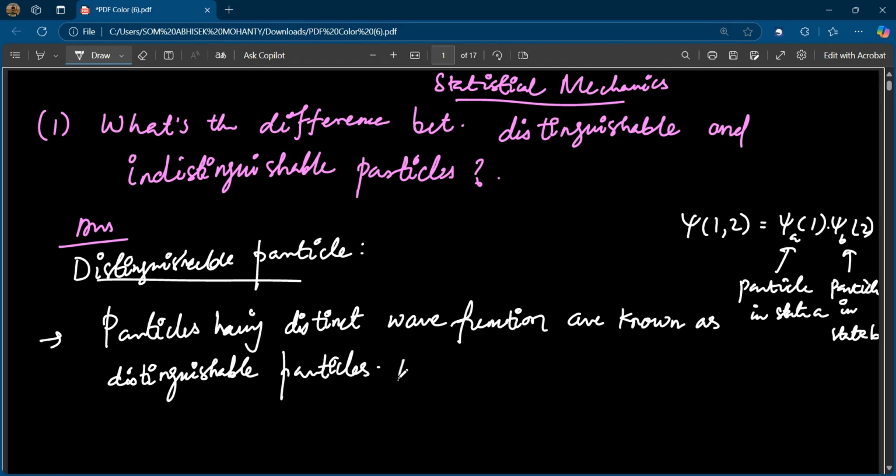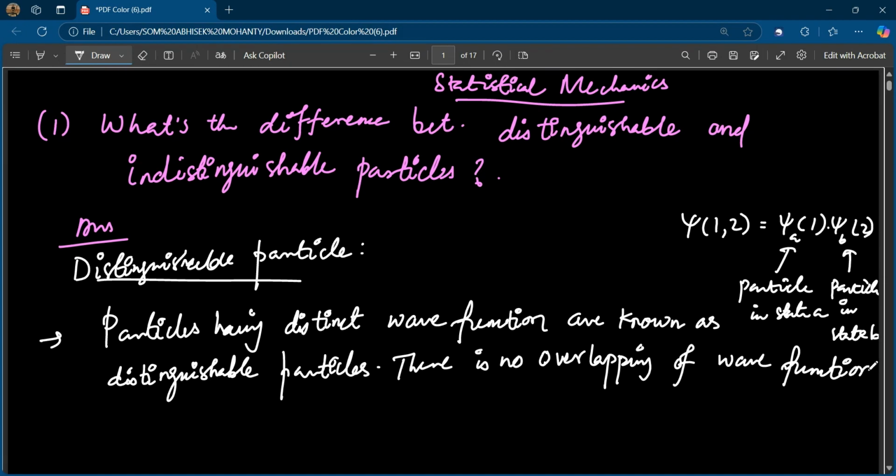There is no overlapping of the wave function of particles.